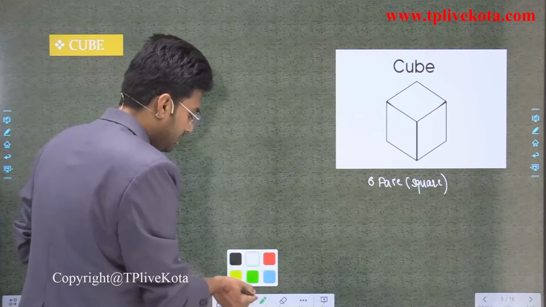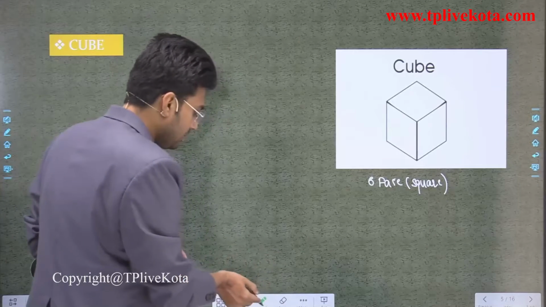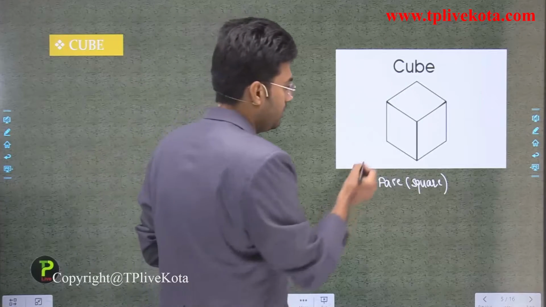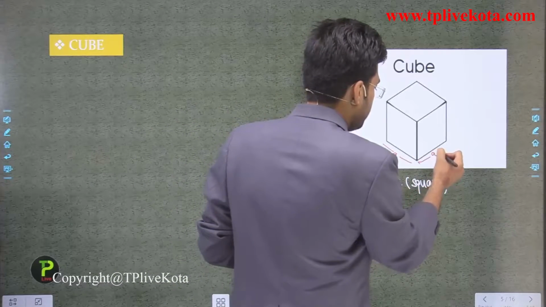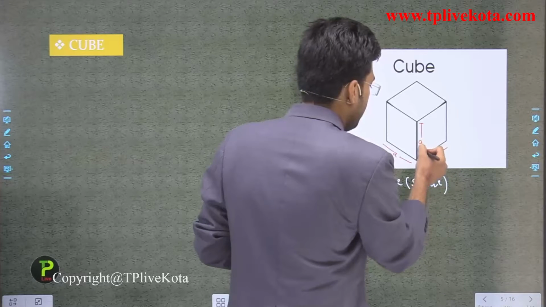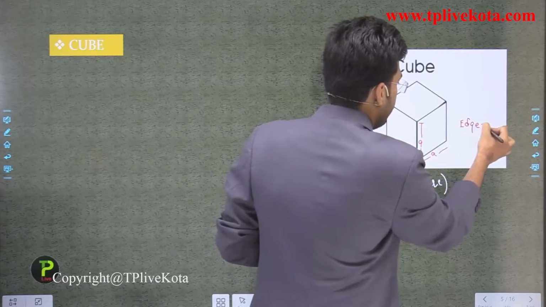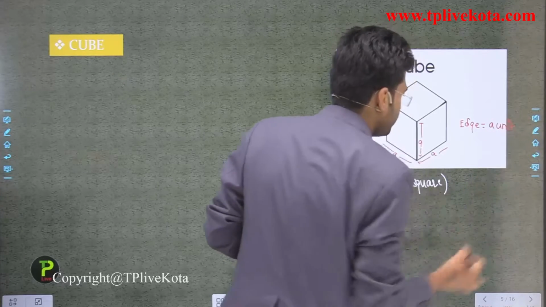Okay, and if all the faces are square, then we can say that the length, breadth and height all are equal. So let length, breadth and height be a unit. So we can say that the edge is a unit. Clear?